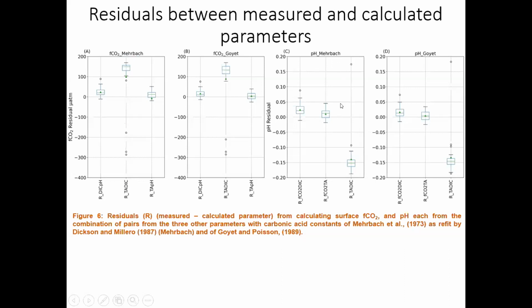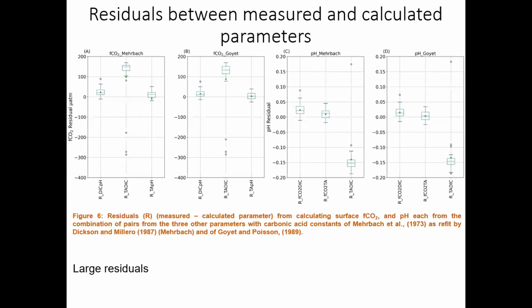And here we observe that the carbonic acid constants have little or no significant impact on the calculations of these parameters, because they all look very similar if we compare the FCO2 calculated from the Mehrbach constants and that calculated from the Goyet and Poisson constants. So we can say that the carbonic acid constants do not have significant influence on any uncertainty that we might expect from this recalculation.